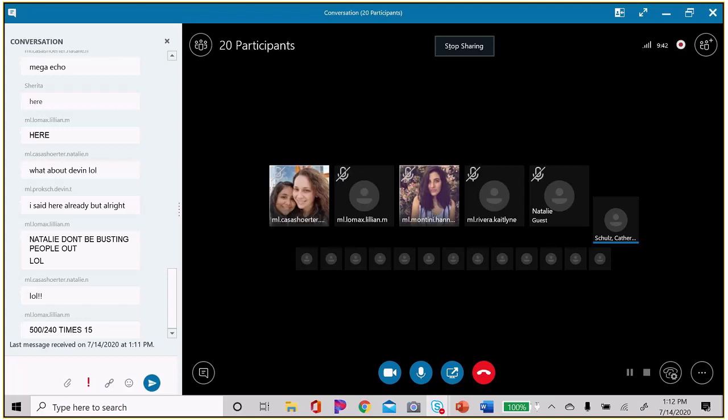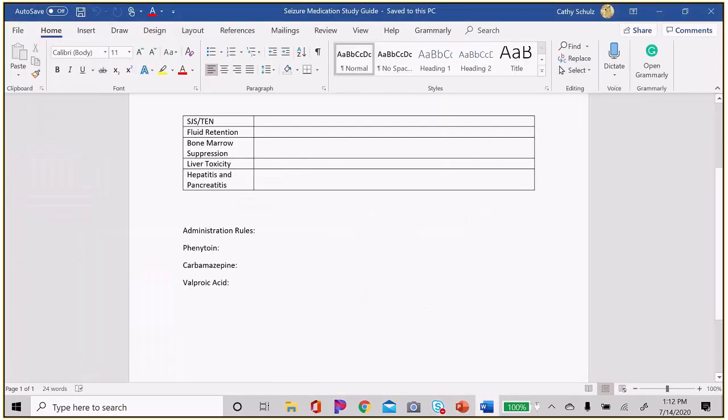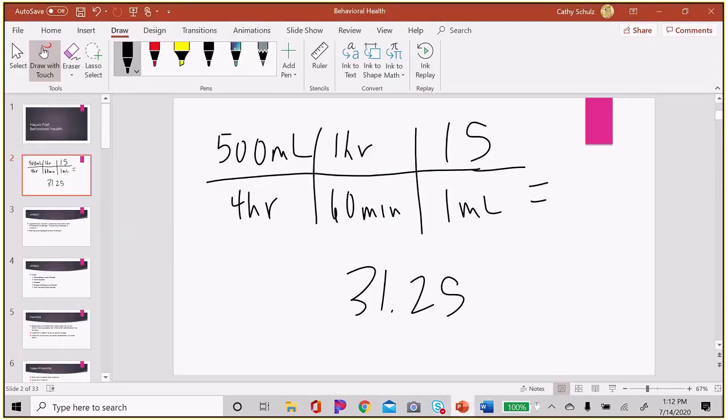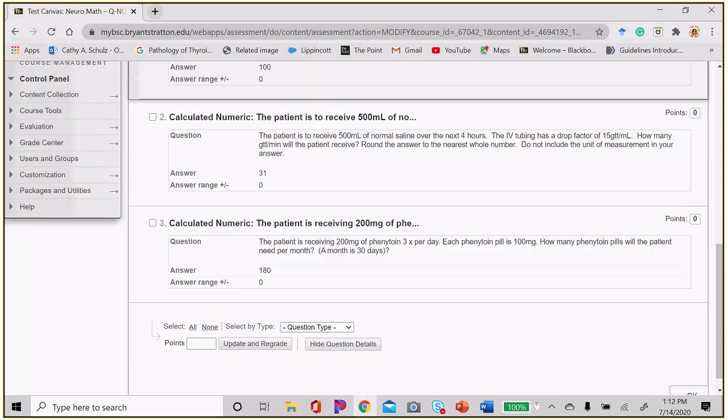Okay, and then the last one. The patient is to get 200 milligrams of phenytoin 3 times per day. Each phenytoin pill is 100 milligrams. How many pills will the patient need per month, if the month is 30 days?